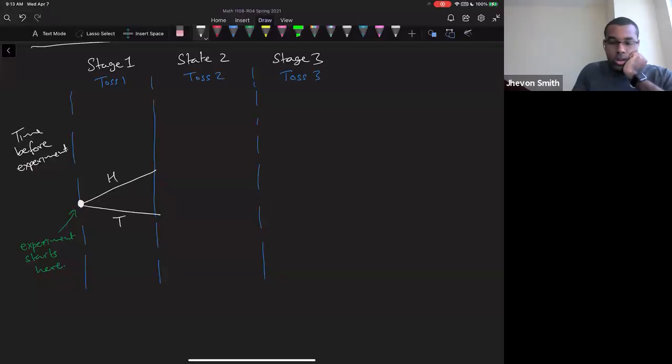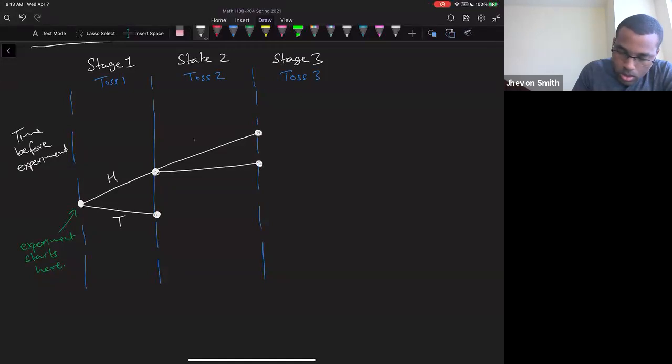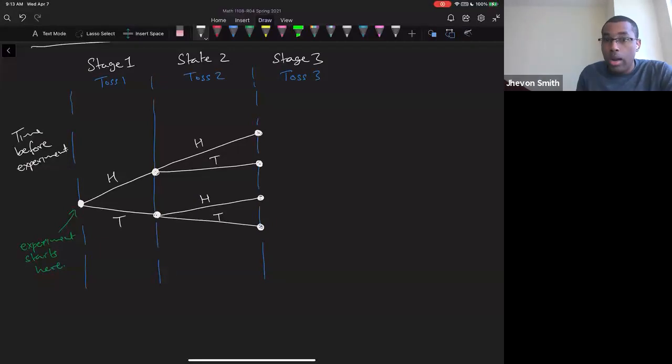And now stage 2 has 2 possible starting points. And you're like, what can we do now? Well, I could again go heads or tails. Similar for this one. Now what for the third stage?